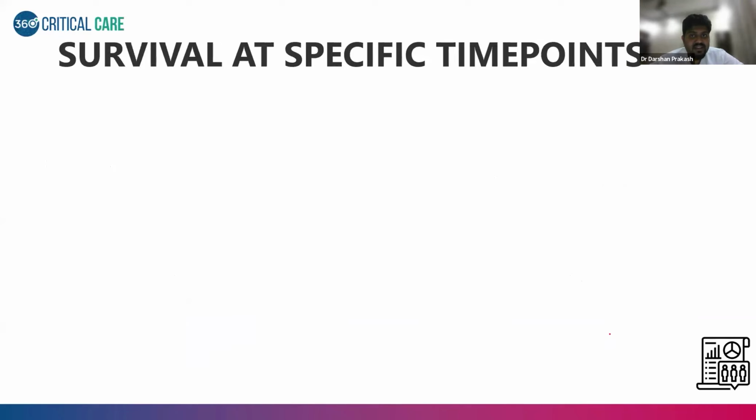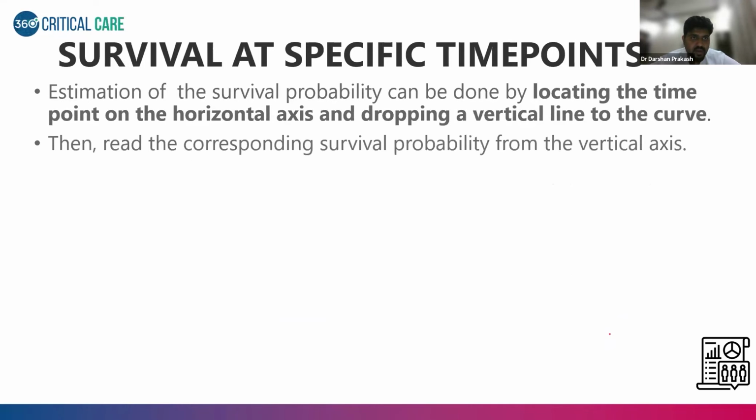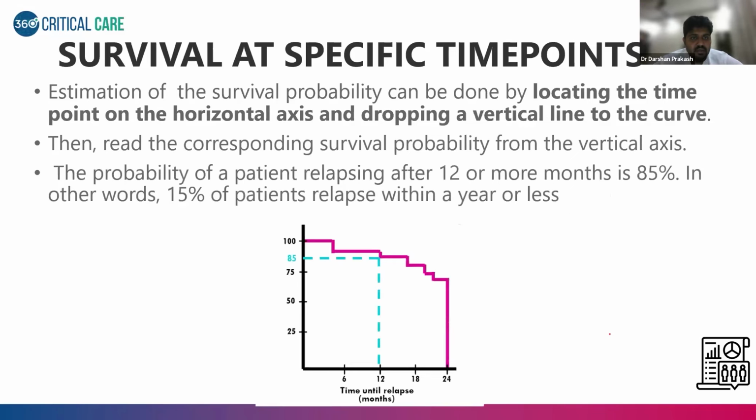Okay, what is survival at a specific time point? The next thing is about time points. In that graph of time versus survival probability, you need to understand the location of time at that particular instant. What is the survival probability? Usually you can drop an axis from a point on the horizontal axis, as a vertical line is drawn there, and for that particular time you can tell the probability. For example, at a time period of, suppose, 12 months, what is the survival probability?